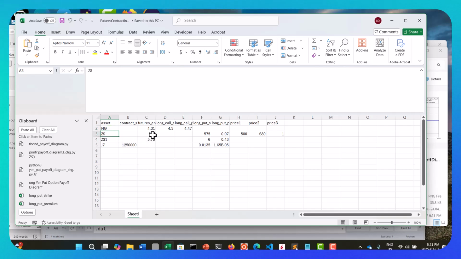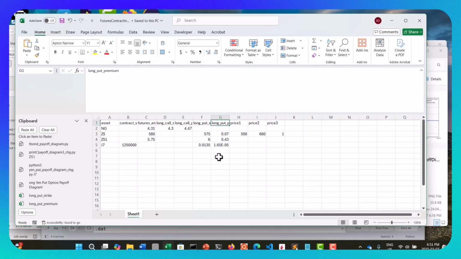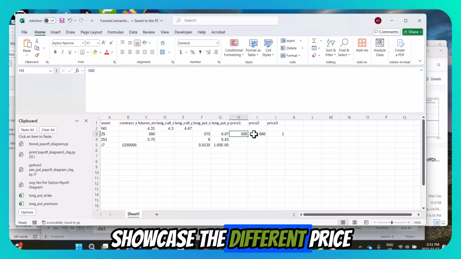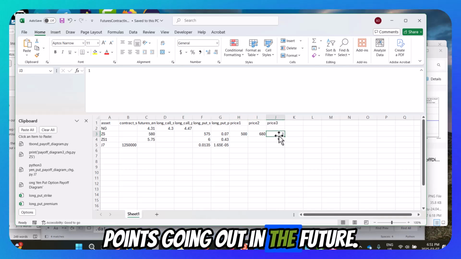Then again, we have the soybean 580 at a future entry, long put 575 with a long put premium of 7 cents. And again, I have to, for now, maybe three might be enough to showcase the different price points going out into the future.